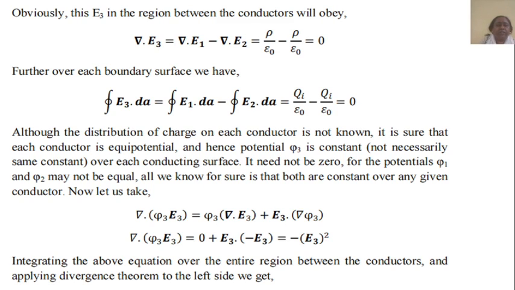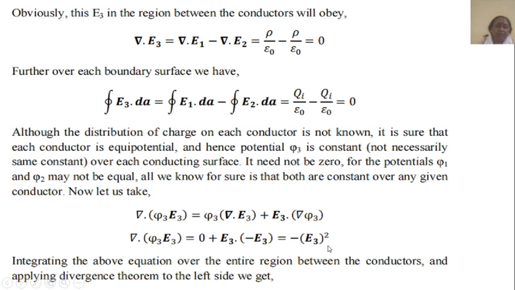Now let us take del dot psi 3 E3 equal to psi 3 into del dot E3 plus E3 dot del psi 3, and this equals 0 plus E3 into minus E3, equal to minus E3 square.